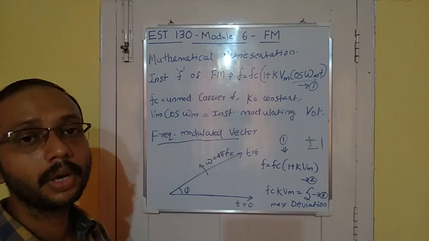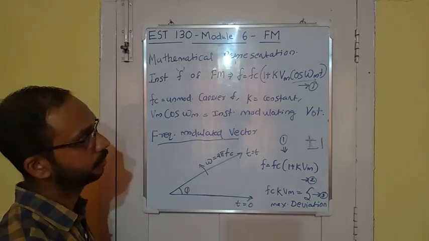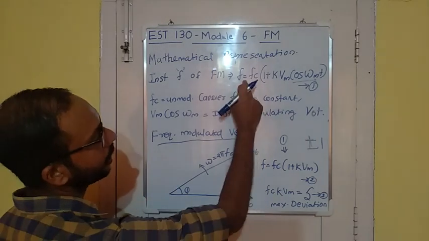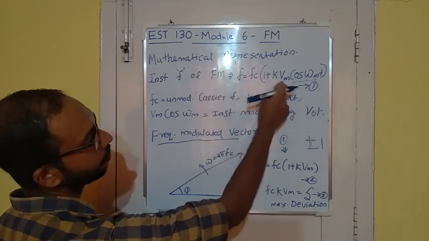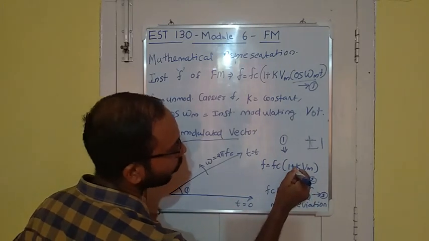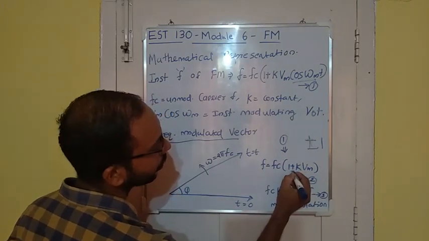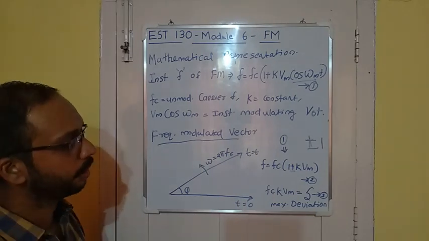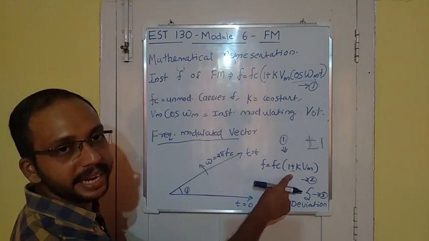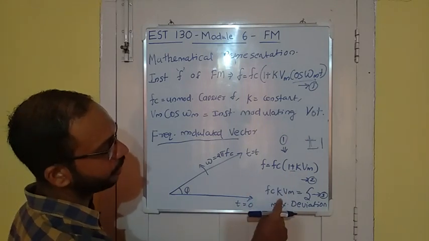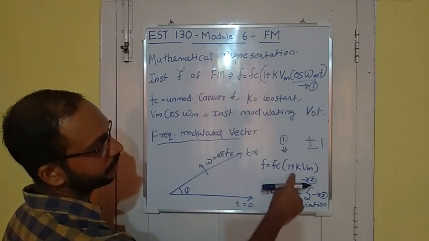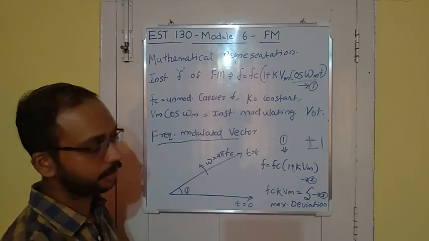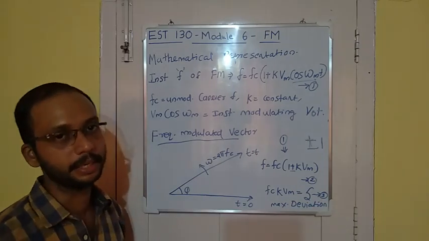So substitute cos omega m t is equal to plus or minus 1. So we will get f is equal to fc into (1 plus or minus k Vm). While expanding this equation, we will get fc k Vm. So this fc k Vm is equal to delta, that represents the maximum deviation, that is equation number 3.